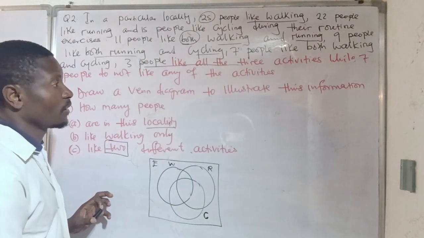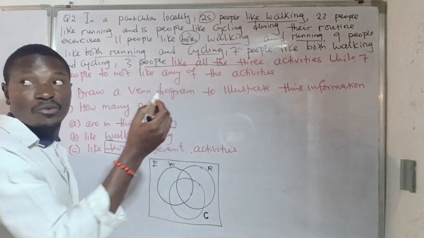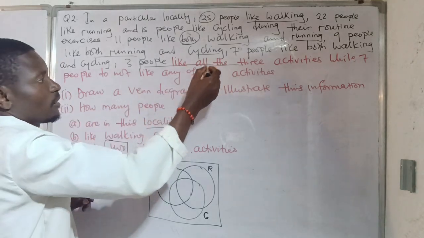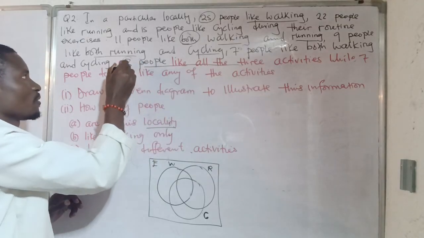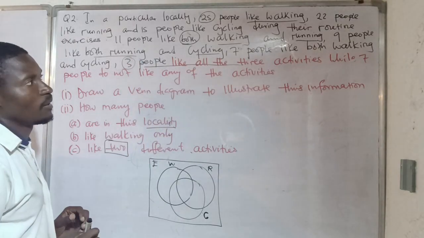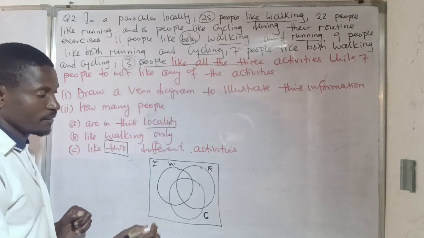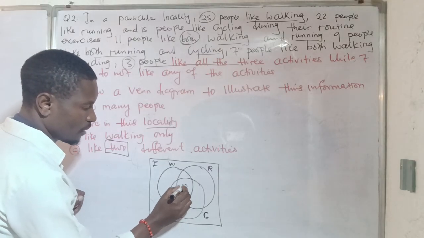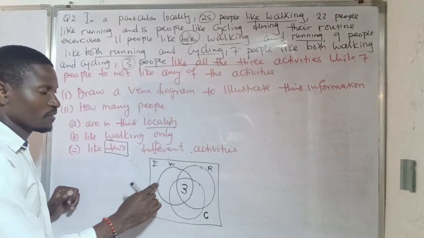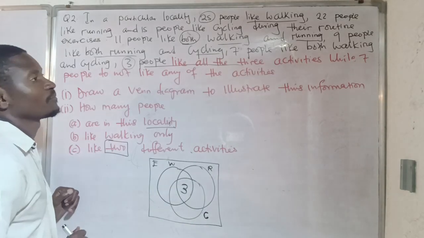I have been told that 3 people like all the 3 activities, so it's going to be a 3 at the intersection of walking, running, and cycling.